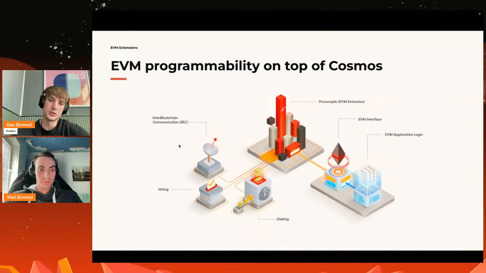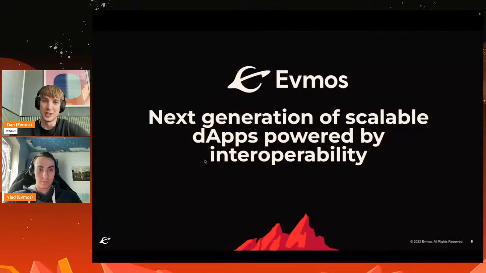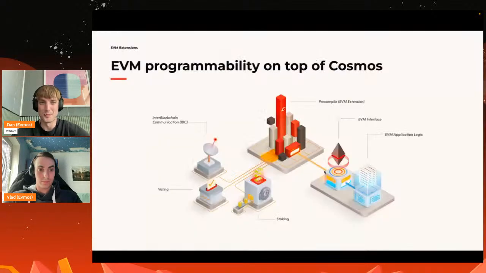And this can also be turned around where users or applications or smart contracts on other chains can actually enter Evmos and talk to smart contracts on Evmos. So that's the idea of scalable, interoperable applications.